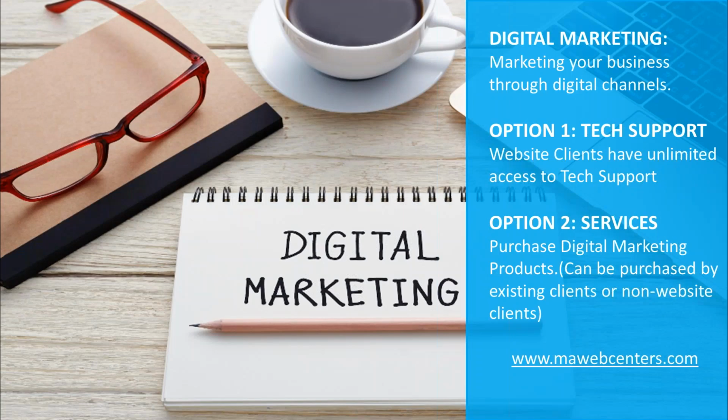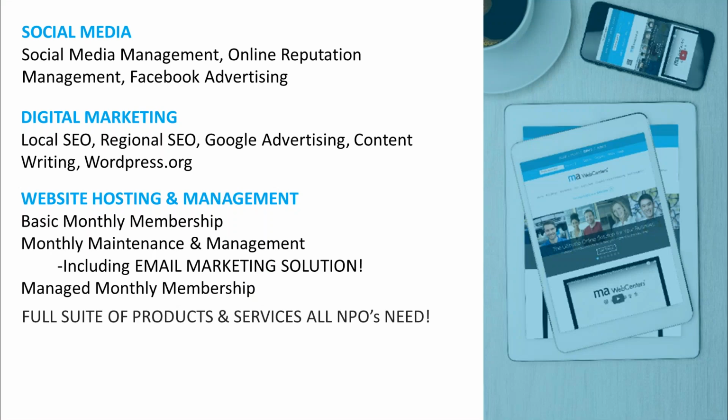Now, ways that we can help them do that, we have our digital marketing packages, so we can help them get found in Google, help them do ad campaigns that might be searching towards their target. And we have also, of course, the social media campaigns and digital marketing campaigns. So obviously, if they need to be found in Google based on certain keywords, like say you're working with a charity that does pet adoption, well, they need to show up on that keyword.